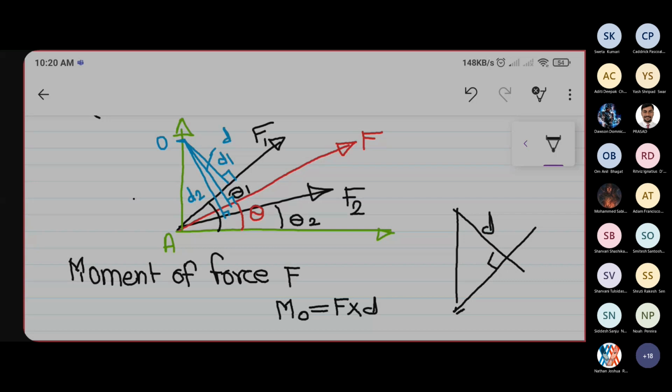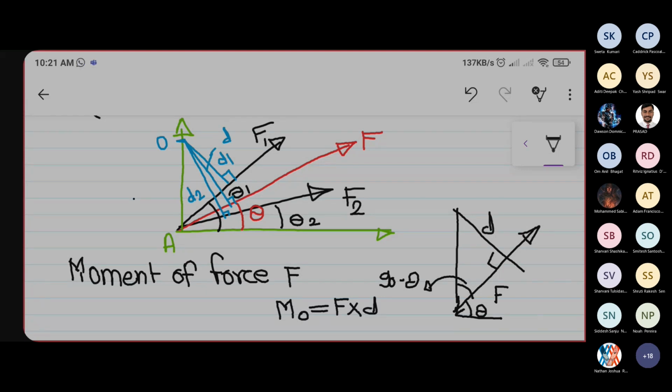This is D, this is force F, and this angle is theta. So automatically this angle will be 90 minus theta.